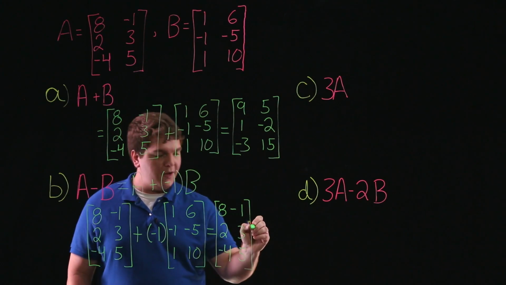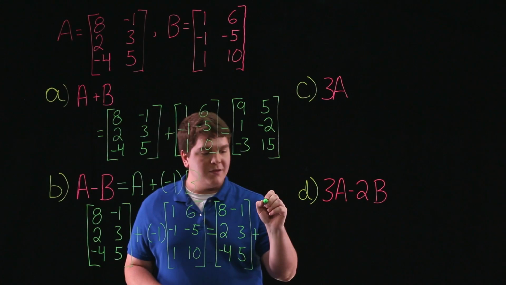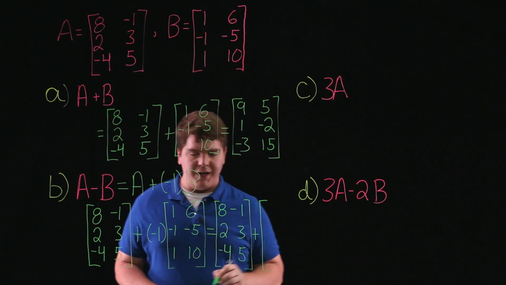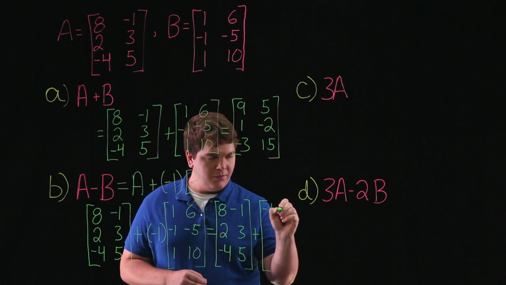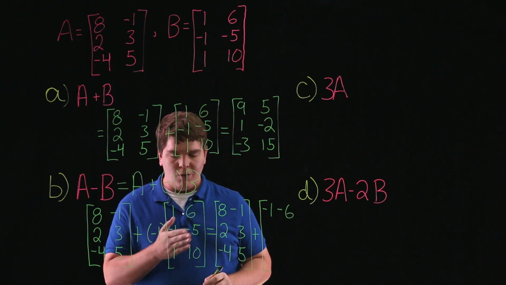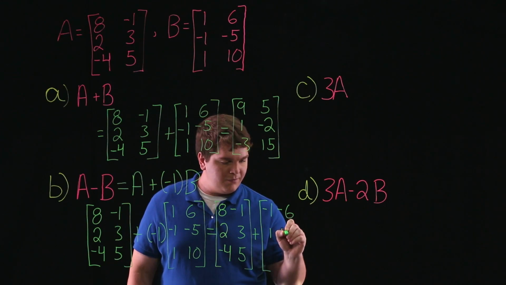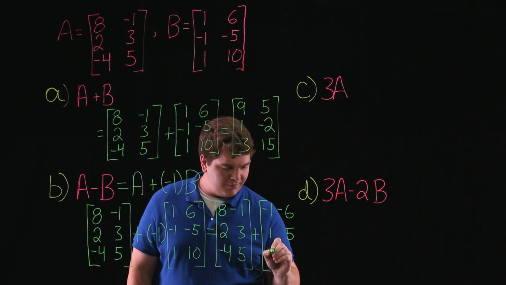And here we're going to add negative 1 times our matrix B, and we obtain this just by multiplying each entry by negative 1. So our first row will be negative 1, negative 6. Our second row will be 1, 5. And our third row will be negative 1, negative 10.